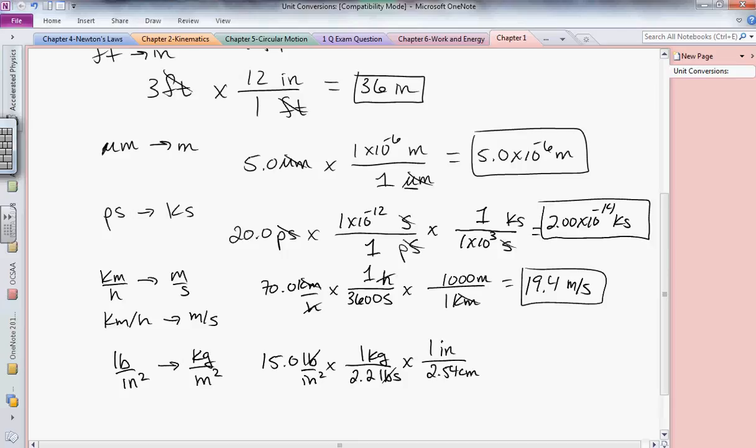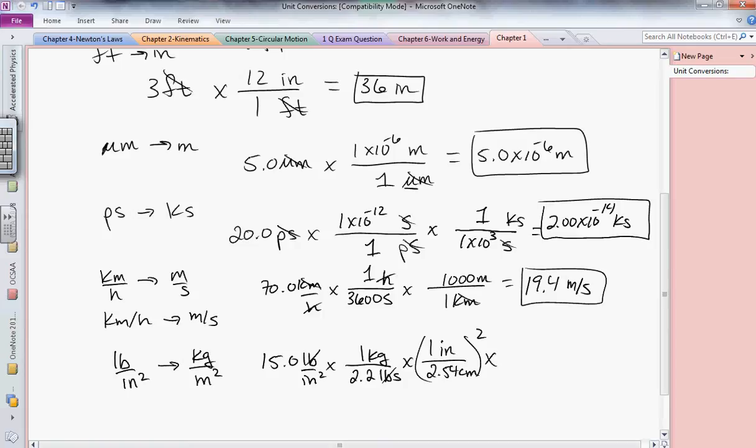Now, because that inches is squared, you need to make sure that you square this whole conversion factor. Okay, don't simply write a square next to these units, because then you're going to forget to square the number. You're going to forget to square this whole conversion factor, and you're going to get an incorrect answer. So make sure you square the whole conversion factor if the unit that you're trying to change is also squared. If it's cubed, you cube the conversion factor, okay, and so on and so forth.